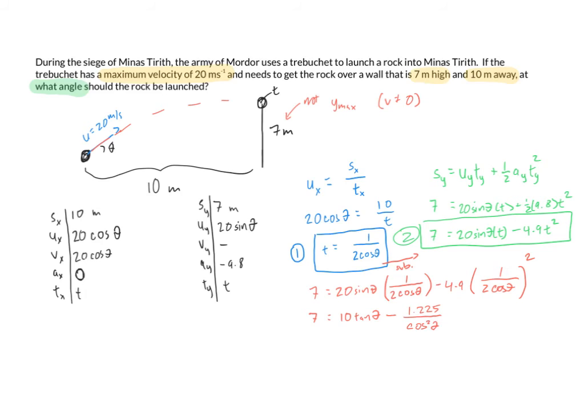So to do that, we first have to set our equation equal to 0 by subtracting 7 from both sides. So I will get that 0 is equal to 10 times the tangent of theta minus 1.225 over cosine squared theta minus 7. And I am going to go ahead and graph this equation.